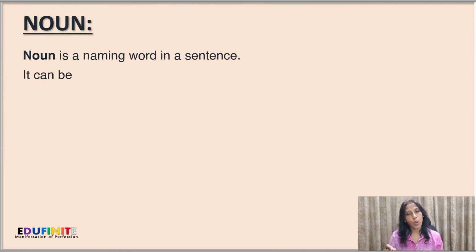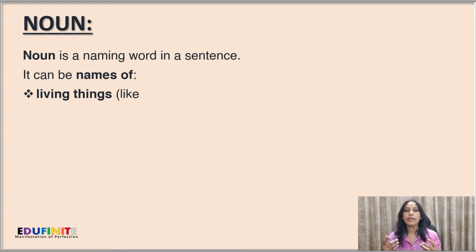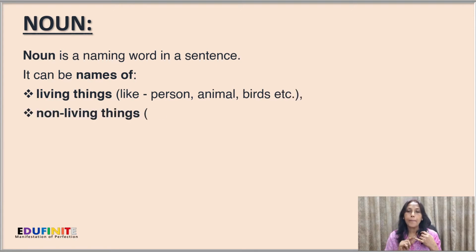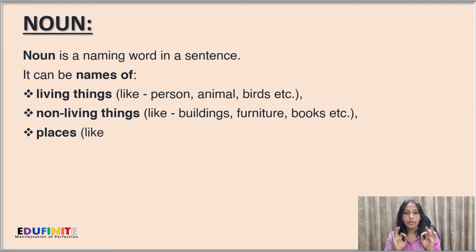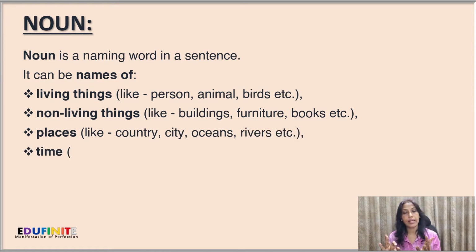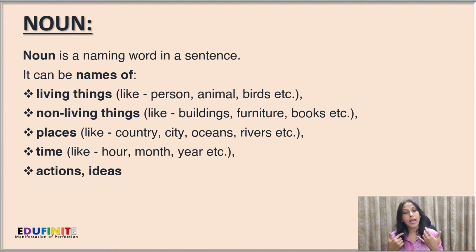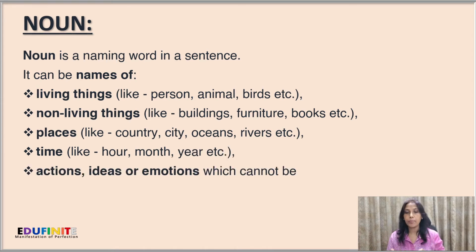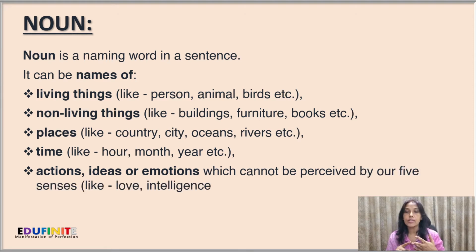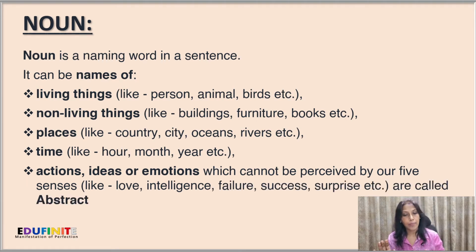It can be names of living things like person, animal, birds, etc. Non-living things like buildings, furniture, books, etc. Places like country, city, rivers, oceans, etc. Time like hour, month, year, etc. Actions, ideas, or emotions which cannot be perceived by our 5 senses like love, intelligence, failure, success, surprise, etc. These are called abstract nouns.